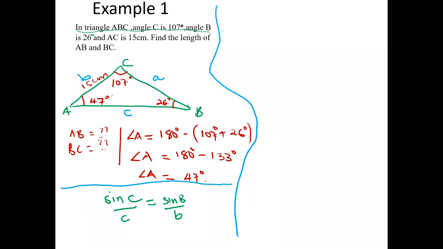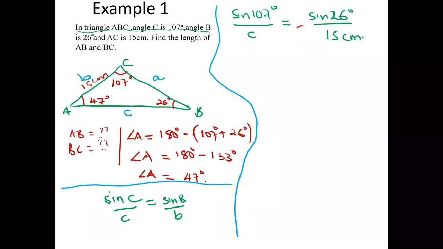I have angle C as 107, so it is sine 107 degrees divided by small c, which I don't have, and remember it is side AB, is equal to sine 26 degrees divided by small b, which is 15 centimeters. So how can I find the value of c?